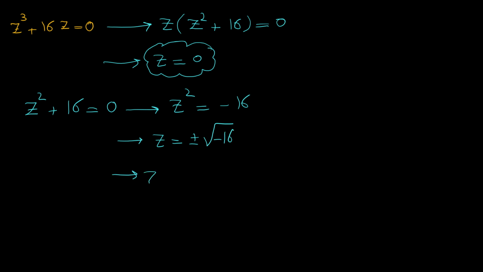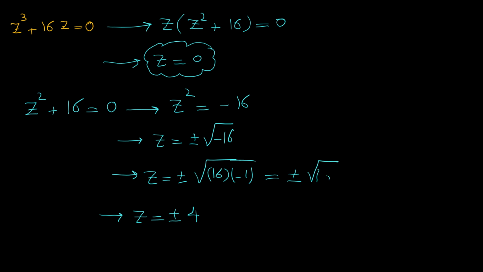But attention, negative 16 is like 16 times negative 1. A square root of 16 is 4. So we can write this as plus minus a square root of 16 times a square root of negative 1. This is 4 and this is i. So z equals plus minus 4i.